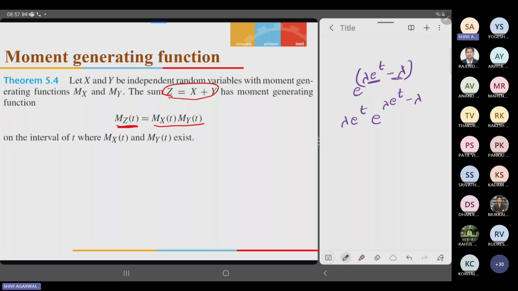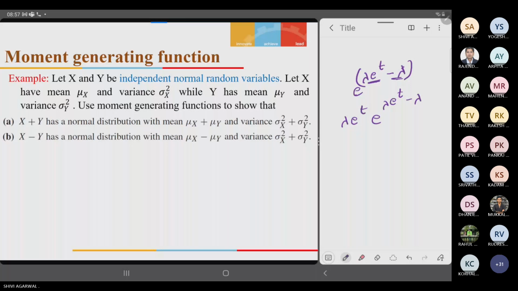Okay. So the product of the moment generating functions of x and y can be written as the moment generating function of z. From that we can say, if they are independent normal random variables, x and y, and x has mean mu x and variance sigma x square, and y has mean mu y and variance sigma y square, we can use the moment generating function to find out the distribution of x plus y.